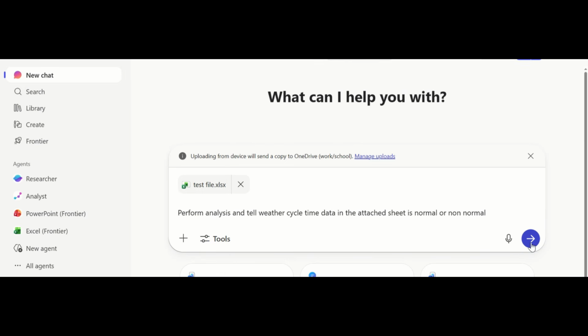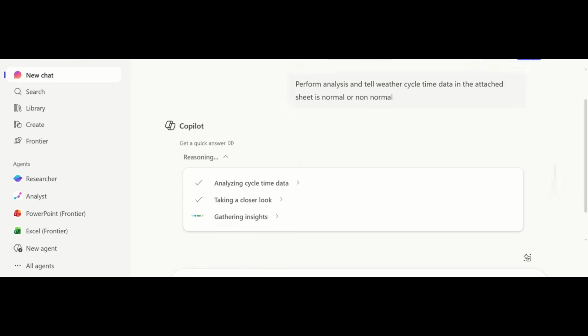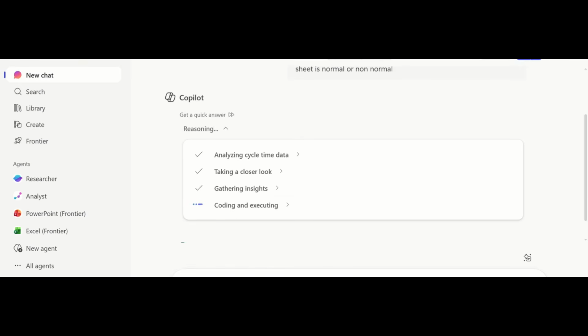Now I am going to click OK. System is taking some time. It is doing certain analysis with the data.